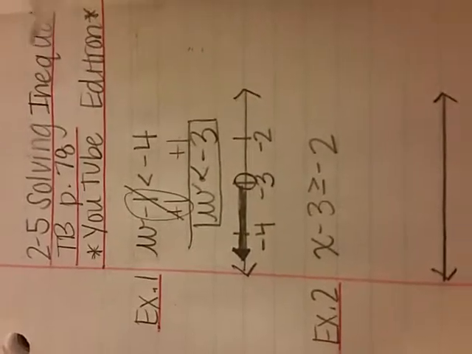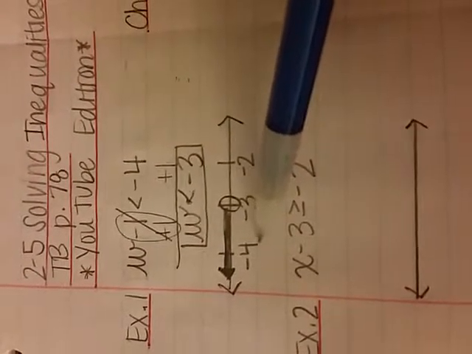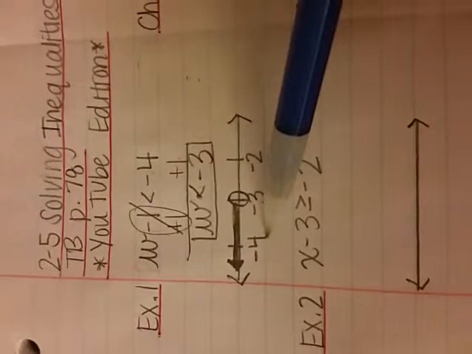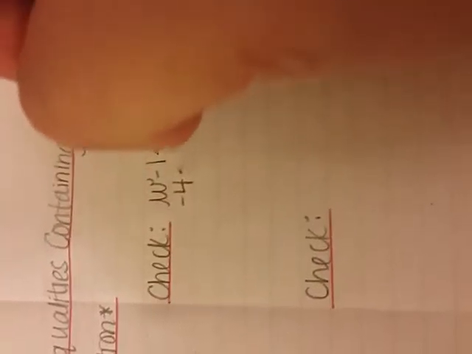Okay, make sure you make that line nice and dark so I can really see it when I'm checking your work. And I'm going to now check it with this value for w, which is negative 4. So my check is on the right-hand side. I write my original problem, w minus 1 is less than negative 4. I'm going to substitute negative 4 in, which we got from our graph.